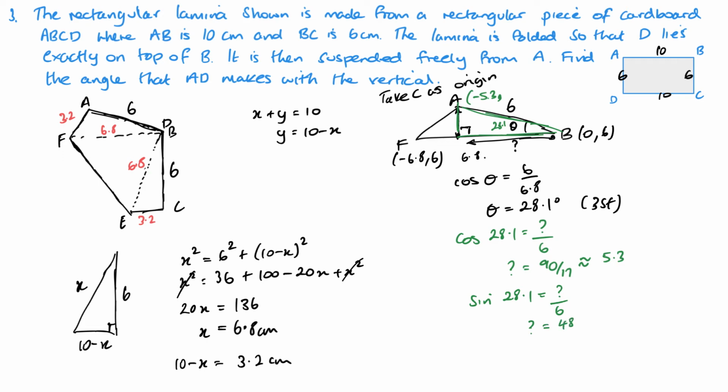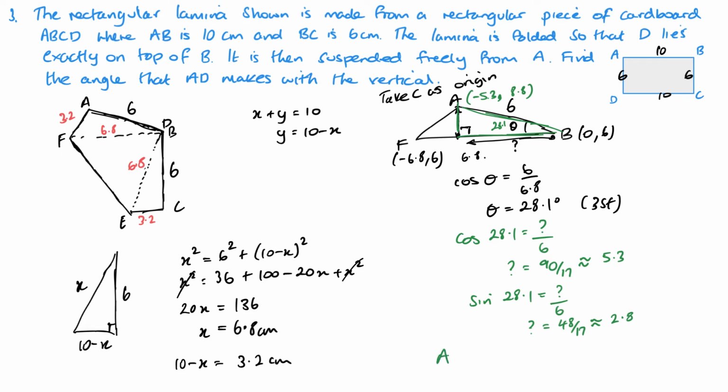And that gives me 48 over 17, which is approximately 2.8. So if you think of the coordinates of A, it's that bit there is 2.8, but it's also gone up 6. So it's 6 plus the 2.8, so it's 8.8 roughly. We'll again use the full values there.